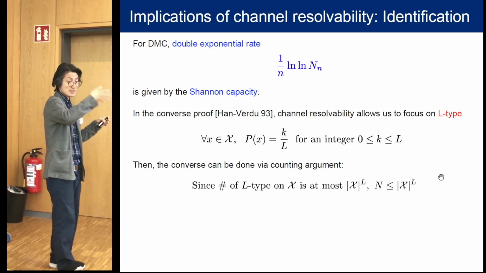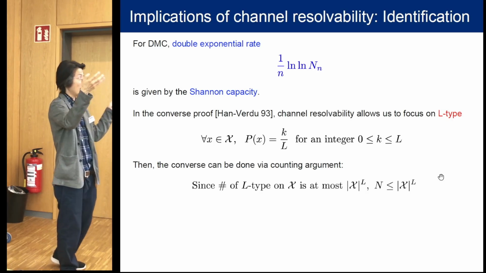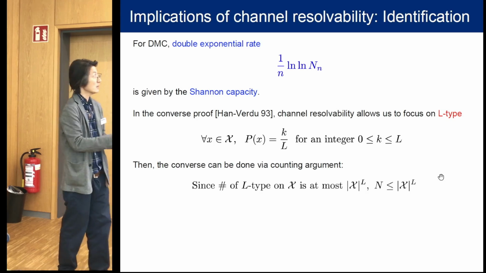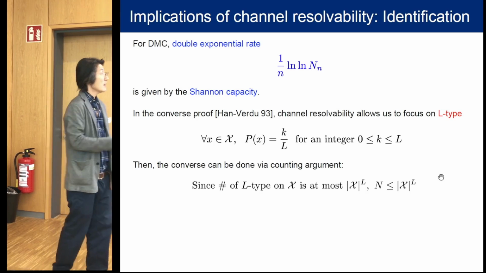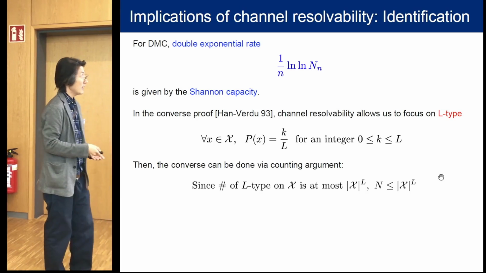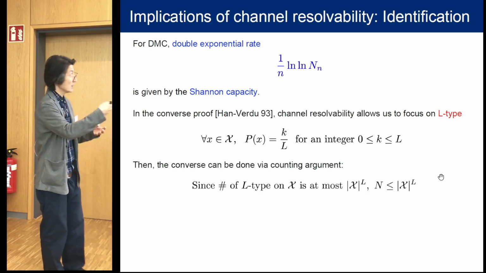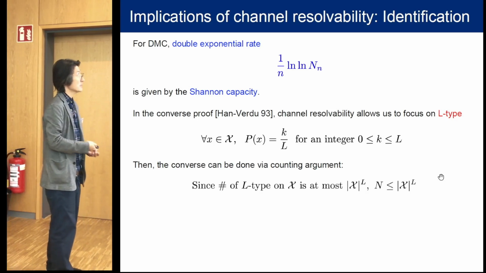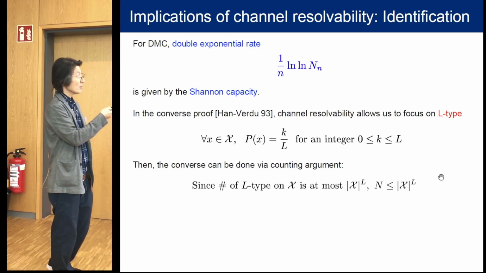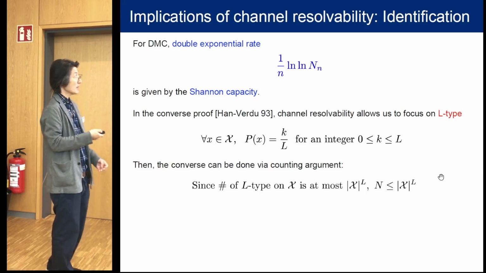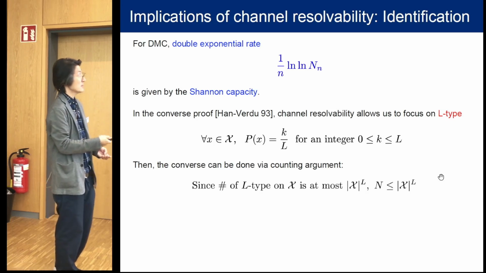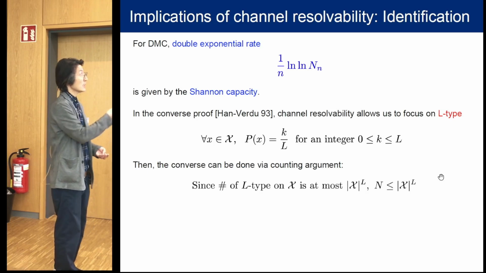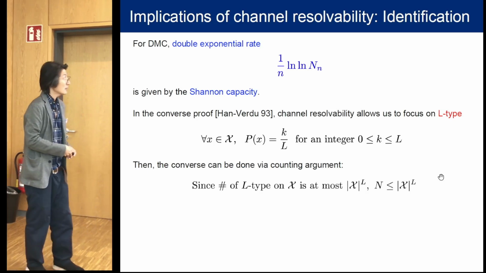That means the size of message is 2 to the power nC, single exponential. But quite surprisingly, for this identification problem, we can identify message of doubly exponential size. And the optimal doubly exponential rate is given by Shannon capacity again.